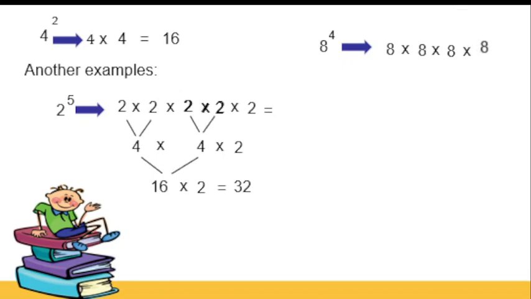Again, we have to multiply the 8 and 8. So 8 and 8 is equals to 64. And then bring down the 8 and the other 8. Okay, so this time multiply 64 and 8.